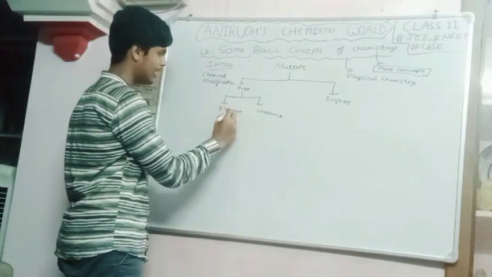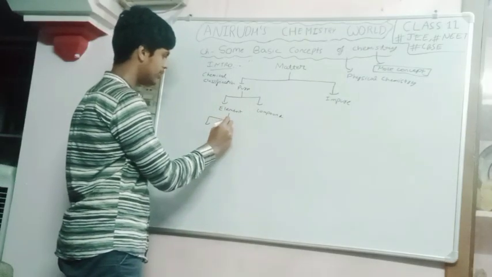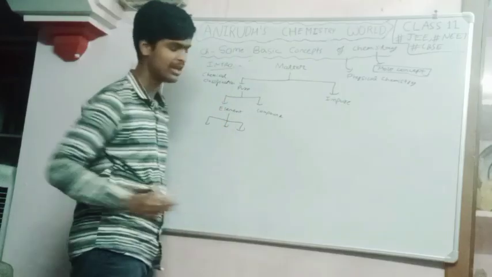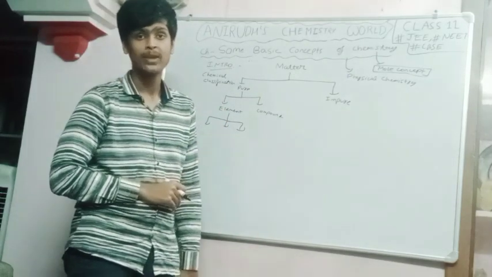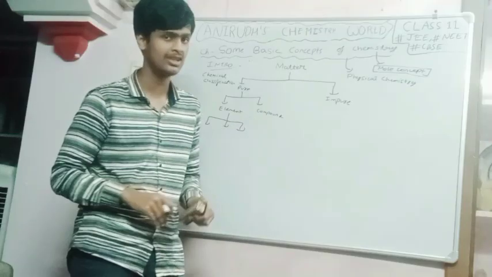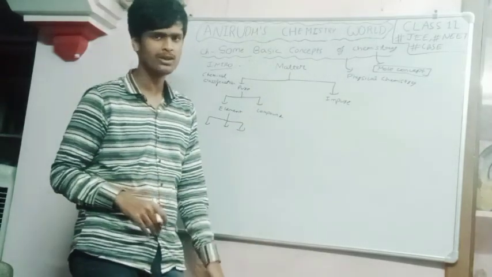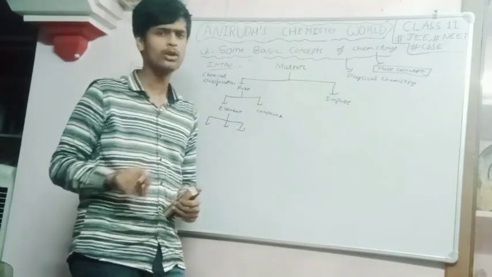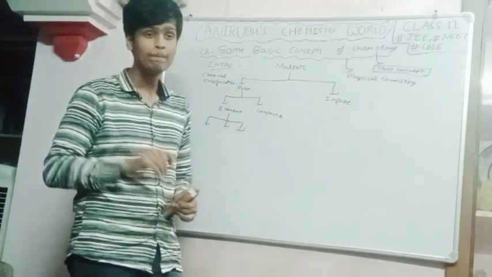Now elements are again divided into three types, based on the periodic table, which you might have seen. If you don't know about the periodic table, we will learn it later. I am going to explain it very clearly, so don't worry.